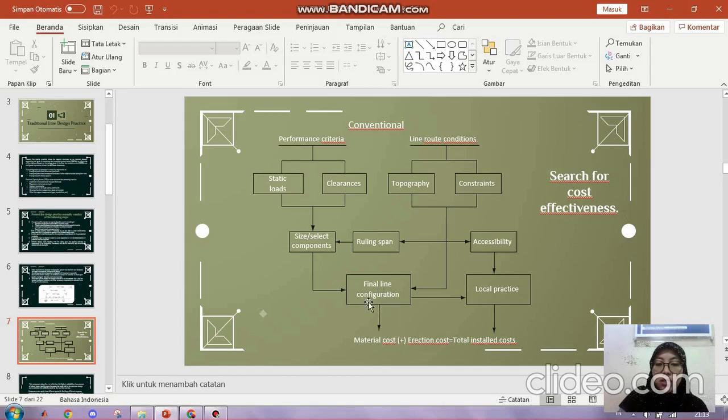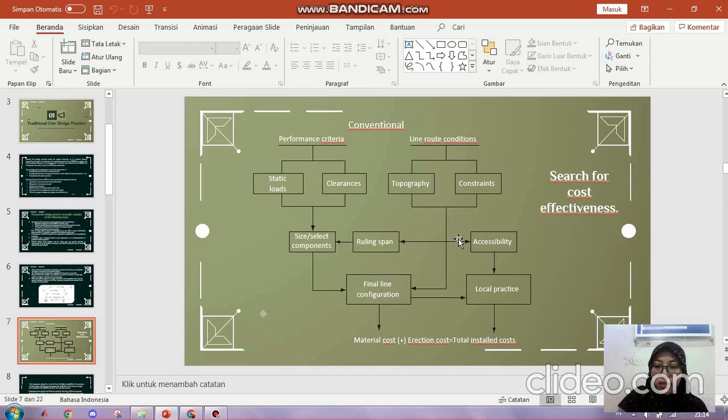So this goes from the final line configuration to local practice, and then to erection costs or total installed cost. This is the line route condition: topography and constraints to the final line configuration.